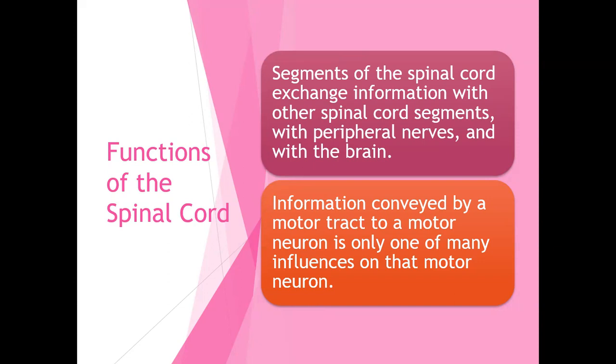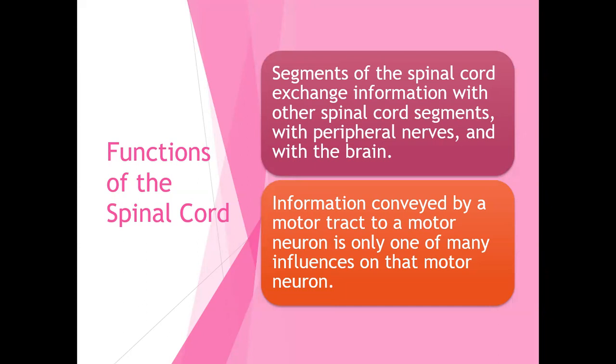So there are some types of information, like really simple light touch and proprioceptive information. The dorsal column goes straight up to the medulla. There's not a lot of processing in the spinal cord. The processing for that happens in the thalamus. But for a lot of the motor tract information that's carried to a motor neuron, there's other stuff going on. There are interneurons in the spinal cord.